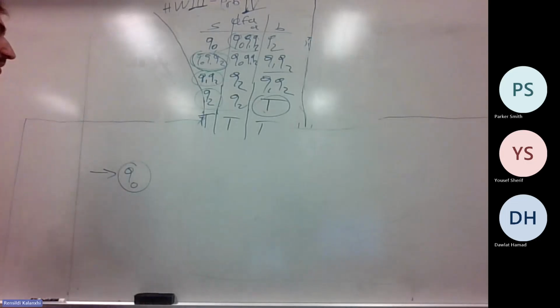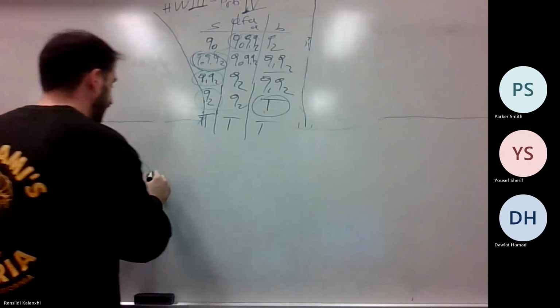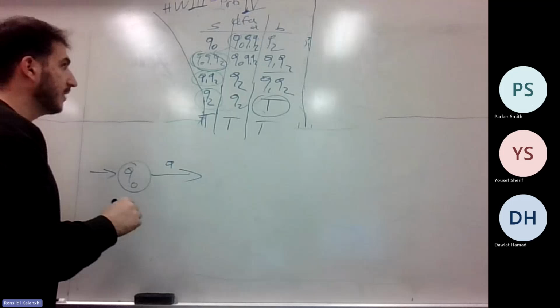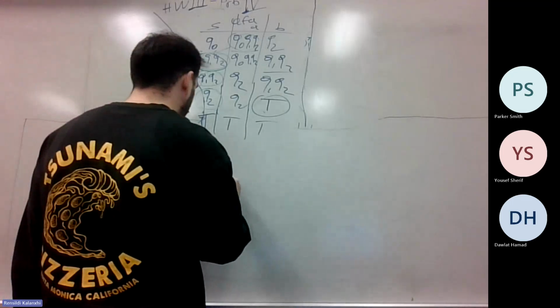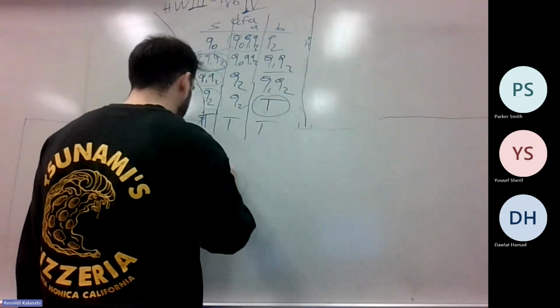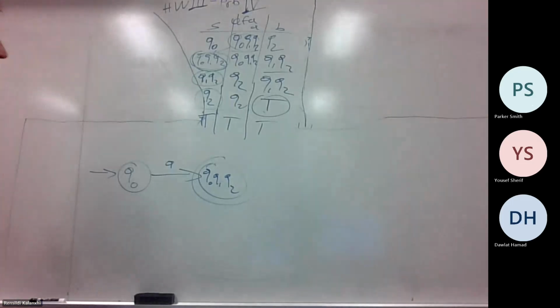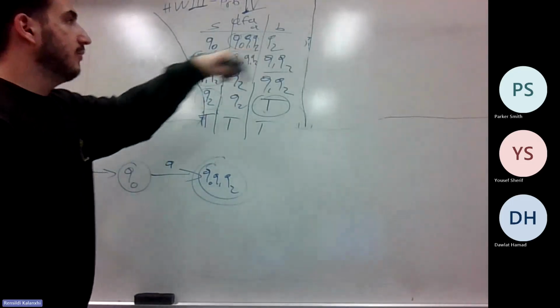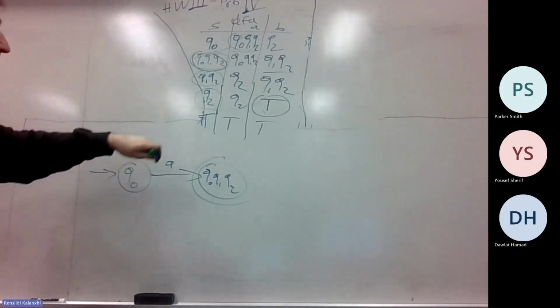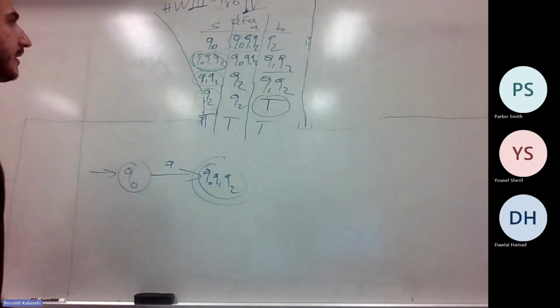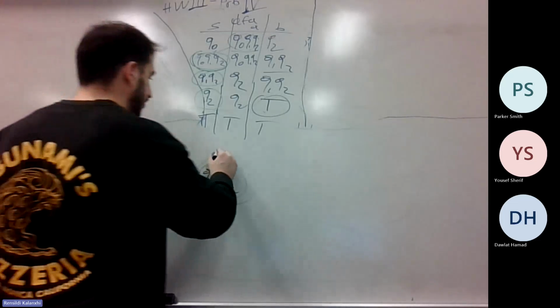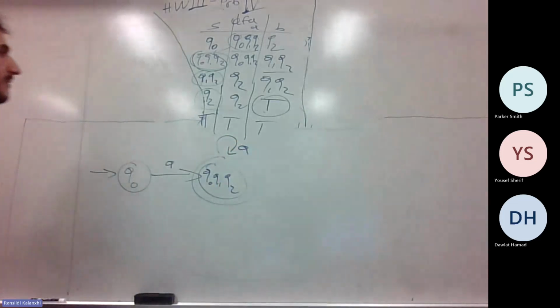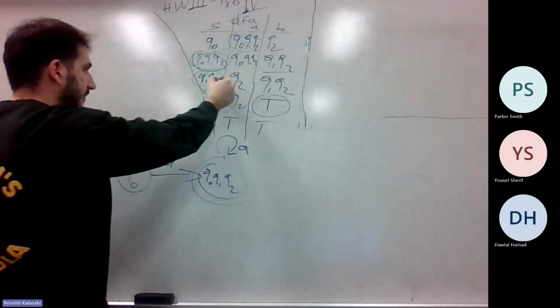So we have Q0, the initial state, transitioning on A to Q0, Q1, Q2, which is the final state, double circle. I'll leave Q2 for now, and B transitions. I'll go for the A's. Then Q0, Q1, Q2 transitions A to itself. And we see that we have Q1, Q2 now.